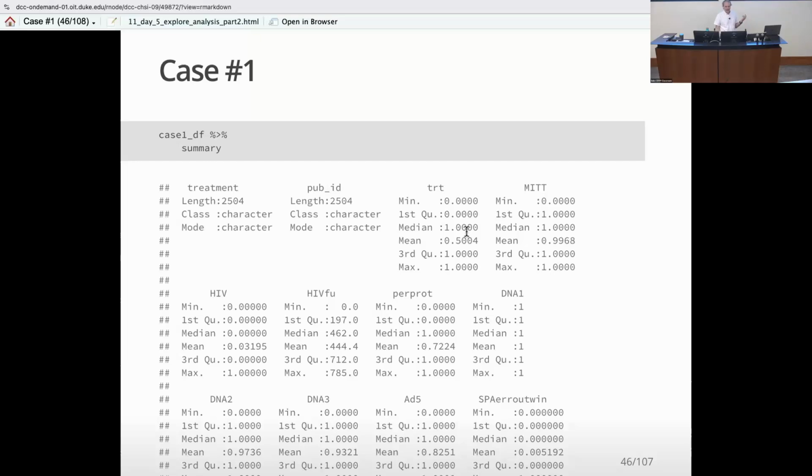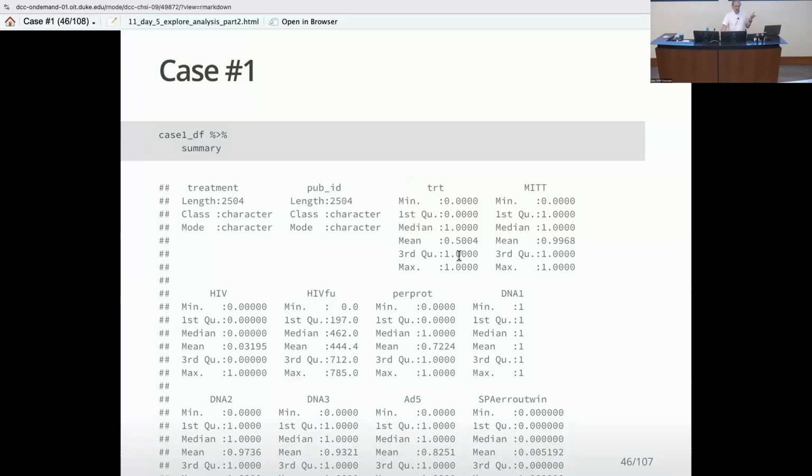A little tricky. Yeah, this is treatment, and the numbers seem kind of funny, right? The minimum is 0, maximum is 1. The mean is 0.5004.